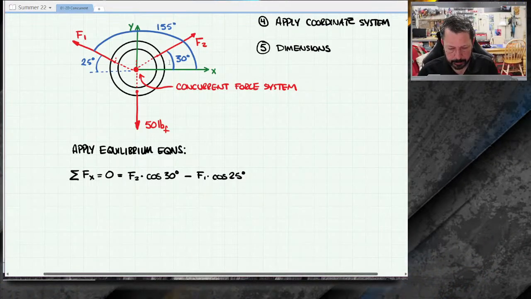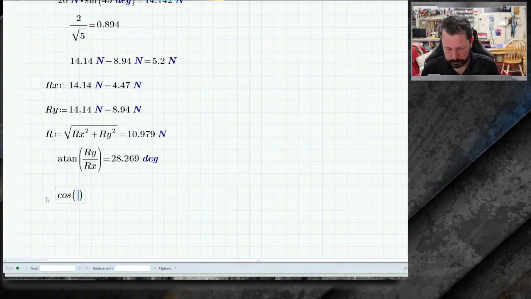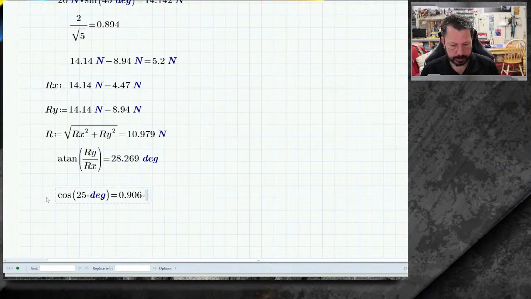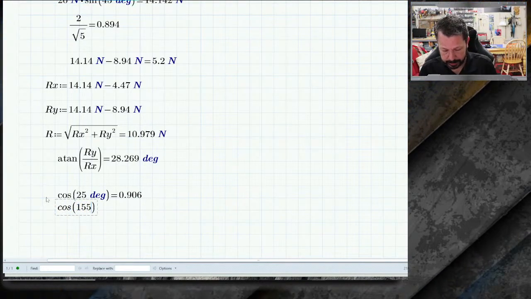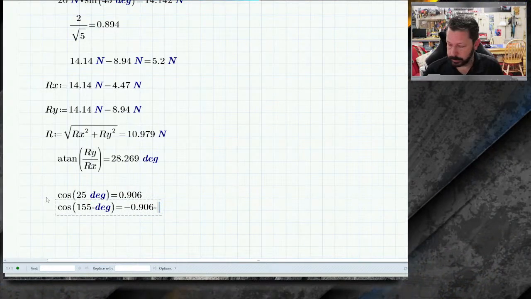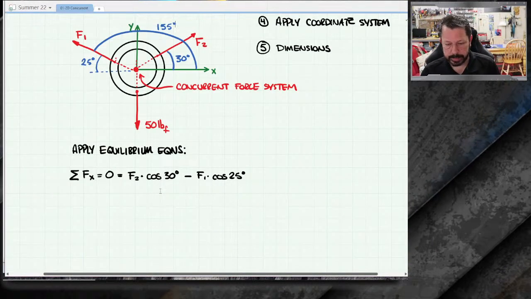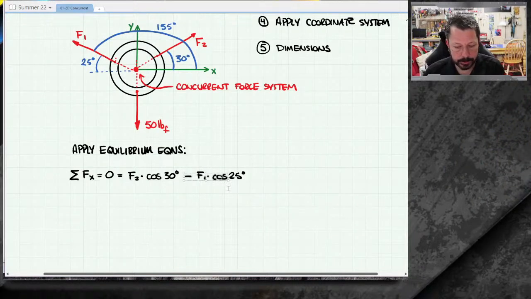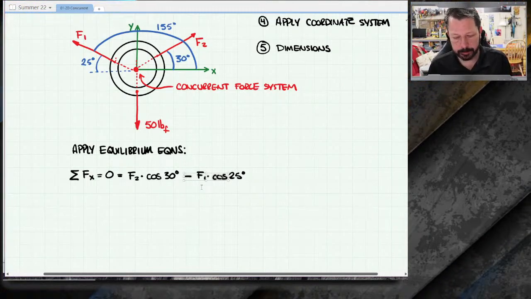What is the cosine of 155 degrees? The cosine of 25 degrees, the one I actually measured here, is 0.906. The cosine of 155 degrees is negative 0.906. So that negative sign is going to be doubled if you wrote it as minus F1 times the cosine of 155.